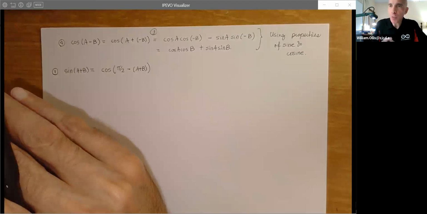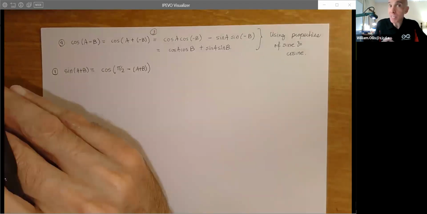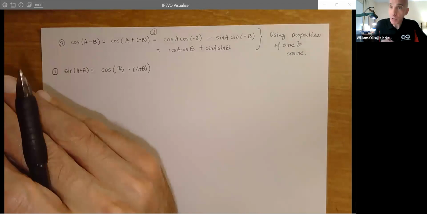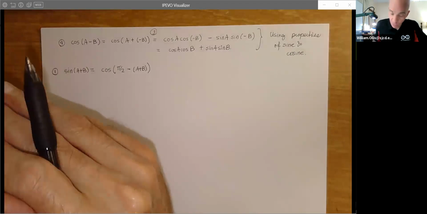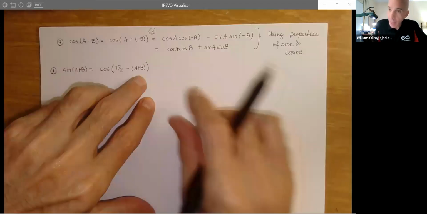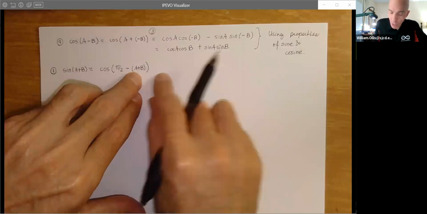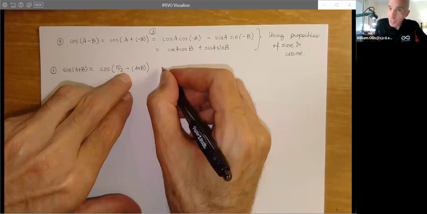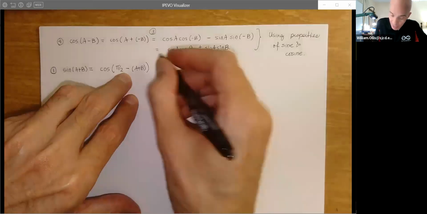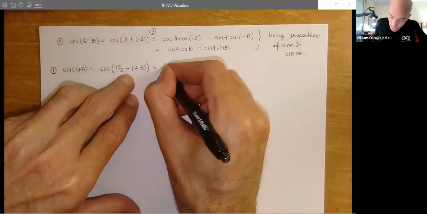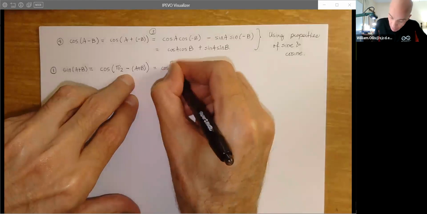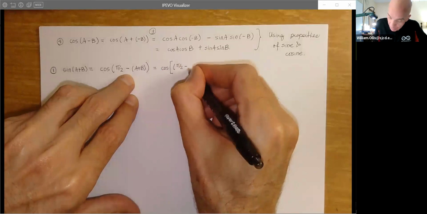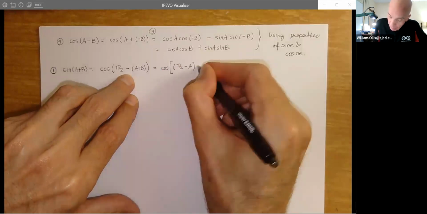Even though you think it makes it difficult, it makes it possible. We have the arithmetic of the unit circle because of the reference angle and the reference number. So now, if you like, and this is your choice, we'll just go ahead and pair the minus A with the pi over 2 so we can use the cofunction identity again. So this will be cosine of pi over 2 minus A, minus B.